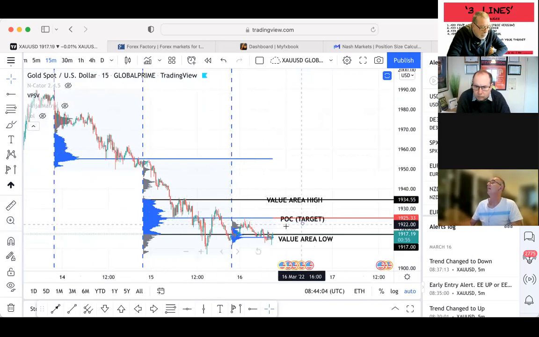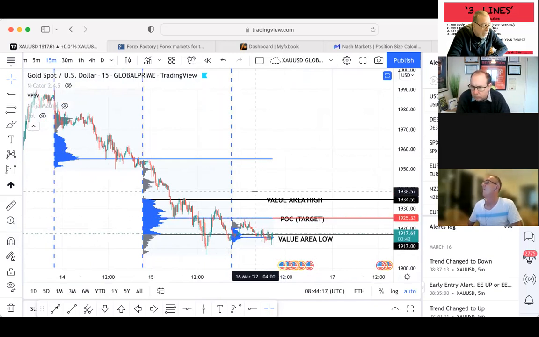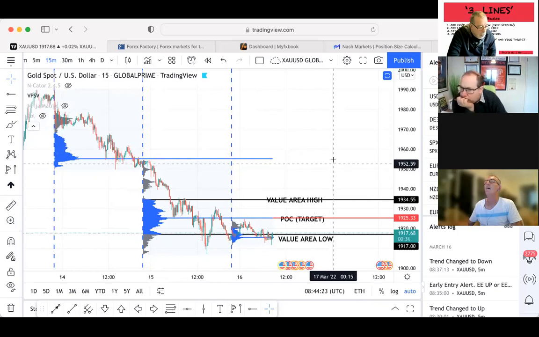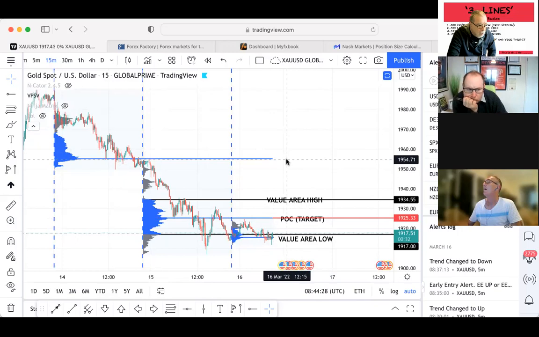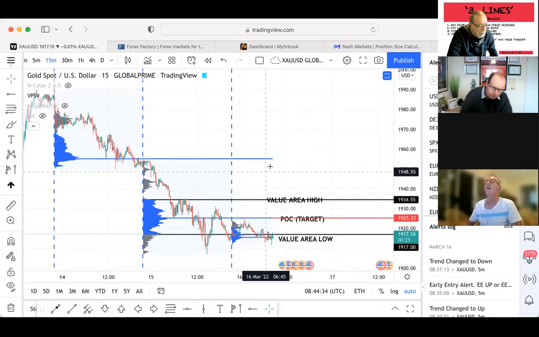So just to go through them, we've got today's point of control, which is that blue line at the bottom. You've got yesterday's point of control, which is today's target there. And then above that, you've got Monday's point of control, which is still outstanding. Now, the important thing to say about those is these outstanding points of control, which sometimes are called verging points of control because they haven't been taken out yet.